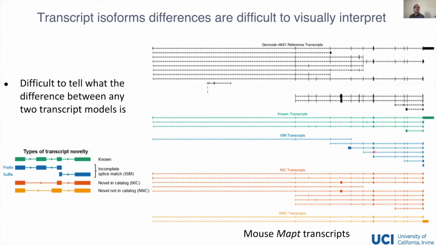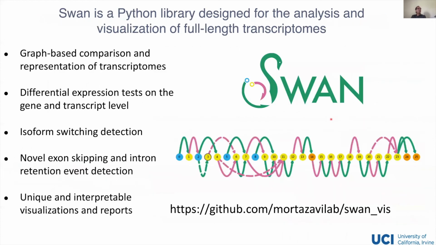Now, that was a simple example to look at, but if you go to even a moderately complicated locus and recover a lot of new NIC transcripts or NNC transcripts, and you try to figure out how to detect genome transcripts, things can become really complicated to do by hand. So my lab has developed another package called Swan, which uses graph-based comparisons of the different transcript isoforms in order to understand where the differences lie.